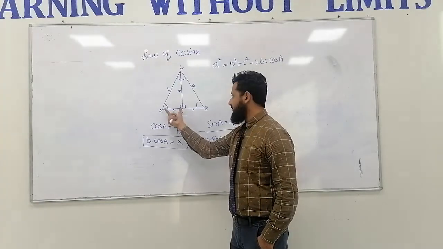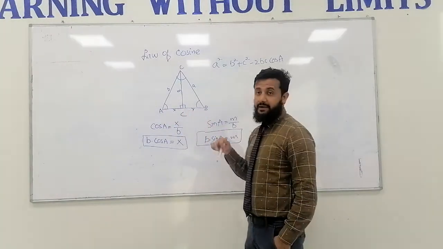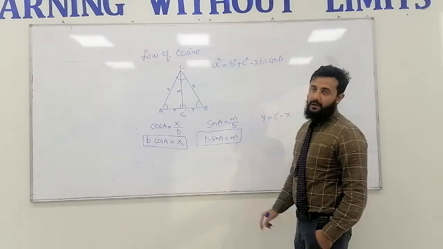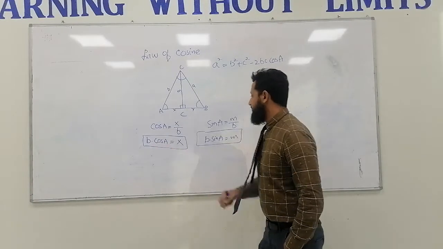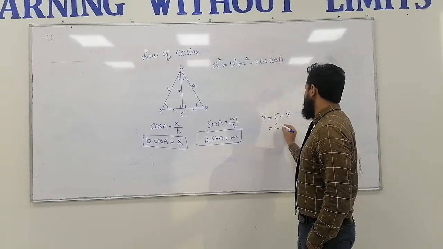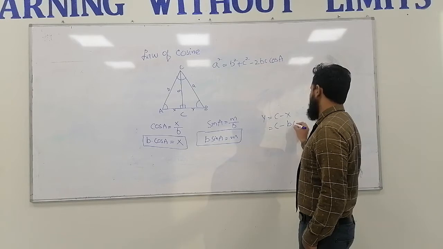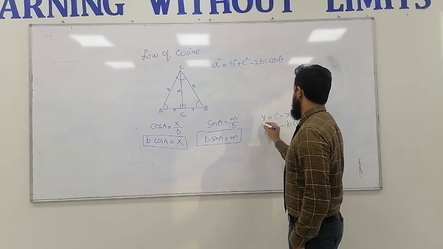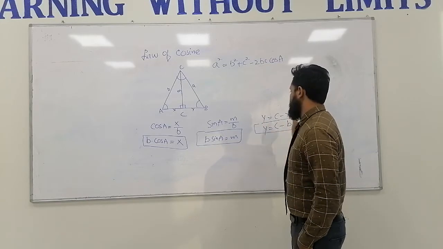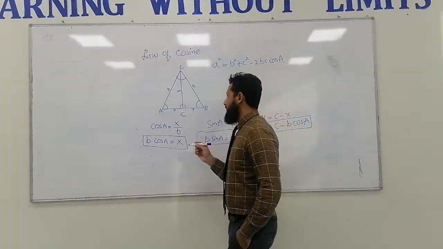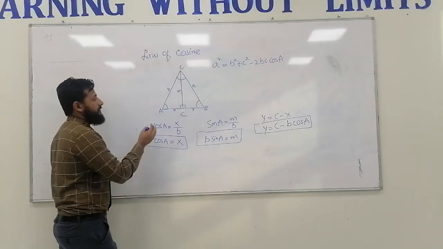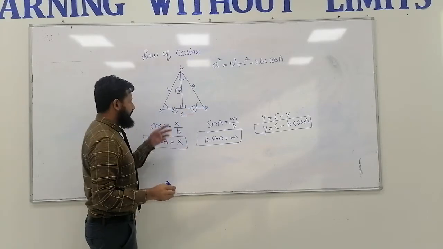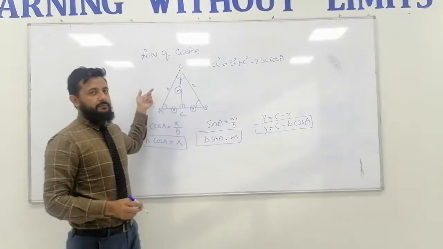If I subtract X from c, I will be left with Y. And I already know how much X is, so Y is c minus b times cos A. So I have all three measurements X, M, and Y in the form of known measurements.